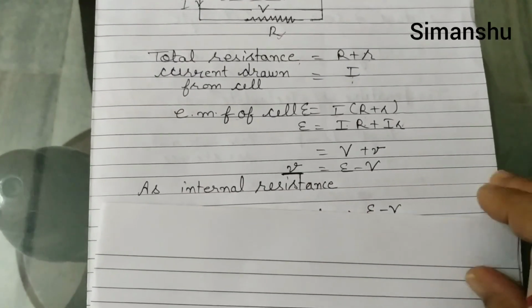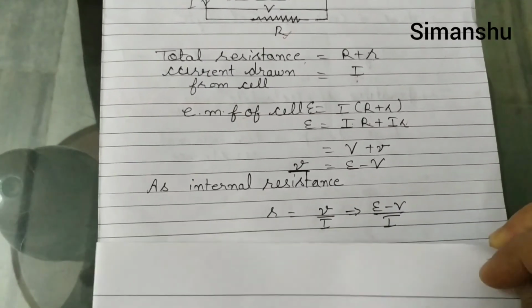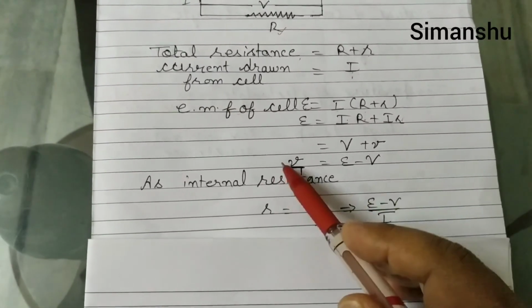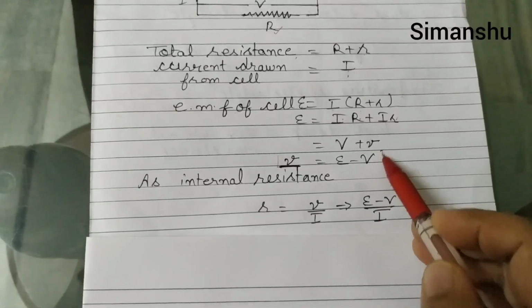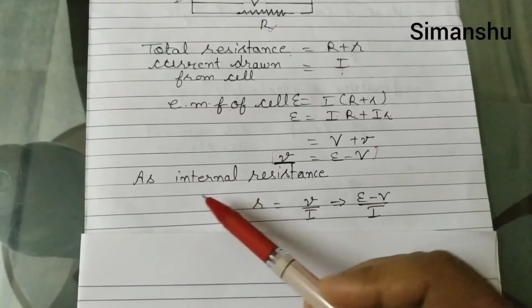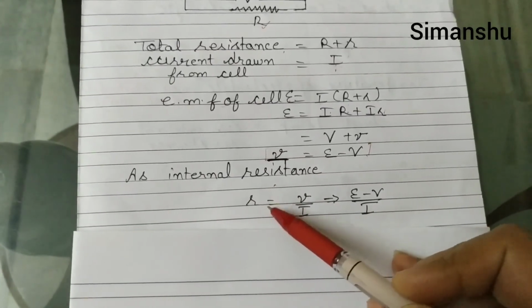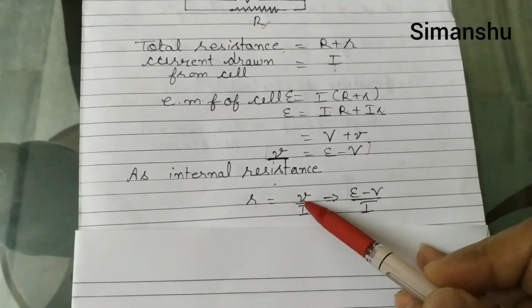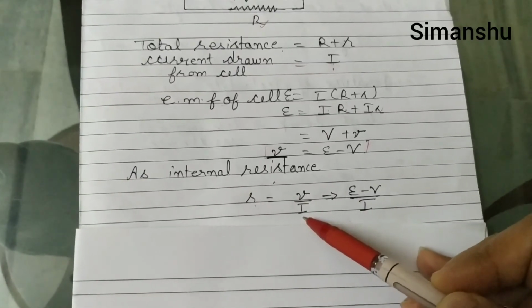Okay. So how do we calculate internal resistance? Here we dropped a derivation; here we left it like this. Further I have written that internal resistance, as we know, we can calculate by dividing the voltage drop by the current flowing through it.